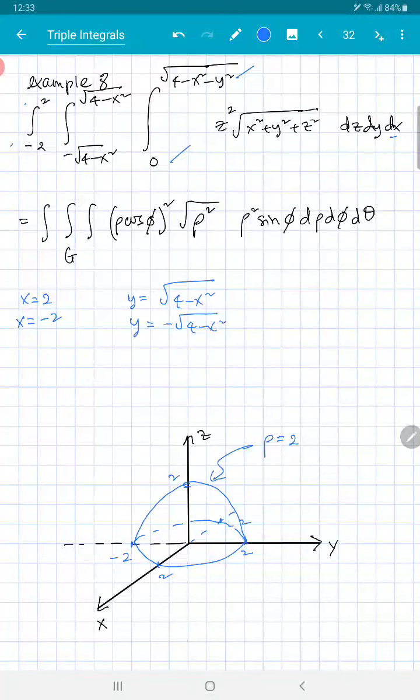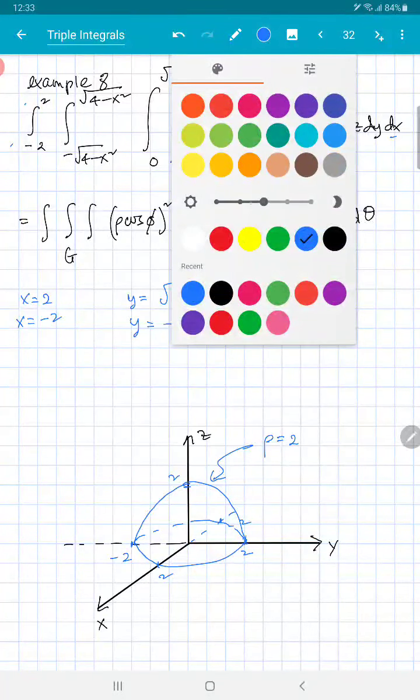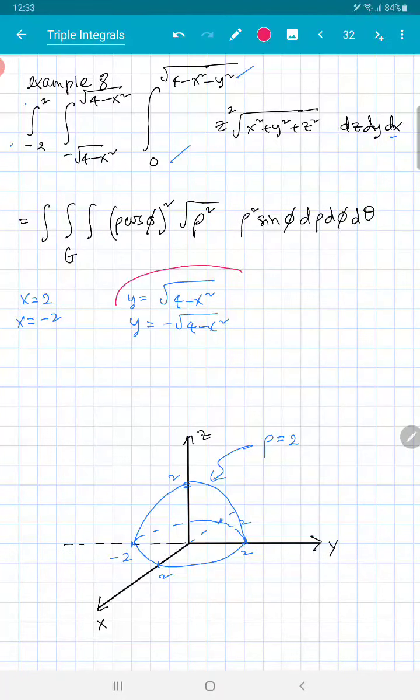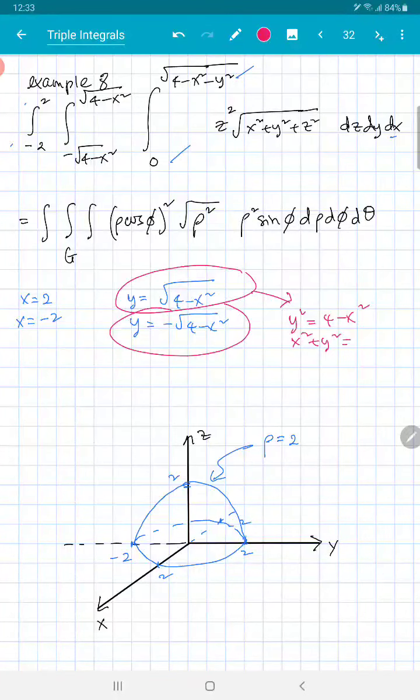If you don't recognize what that is, we can always do some mathematical manipulation by squaring both sides. So we have y squared equals 4 minus x squared, and rewriting this, you get a circle of radius 2 centered at 0, 0.